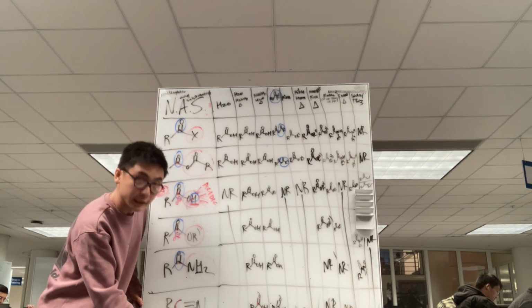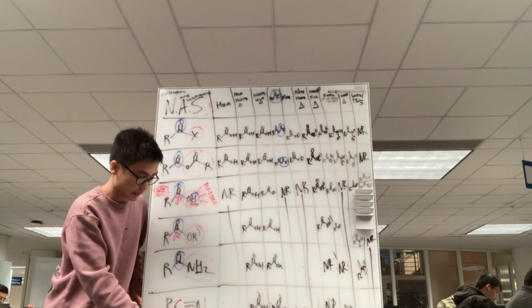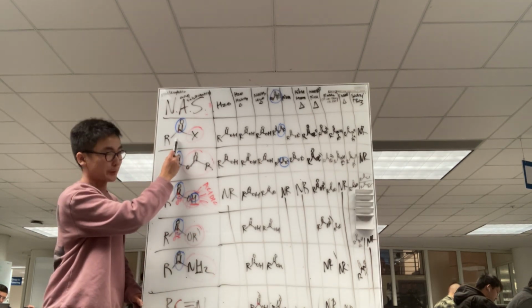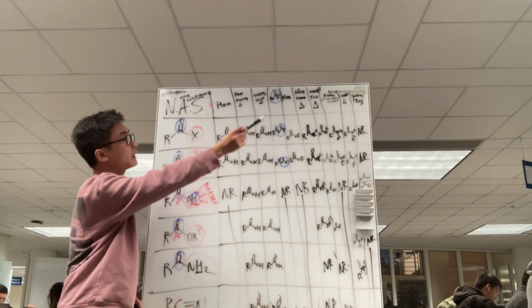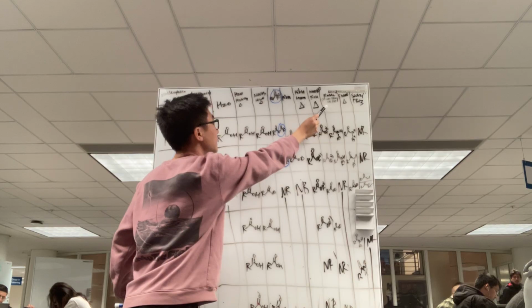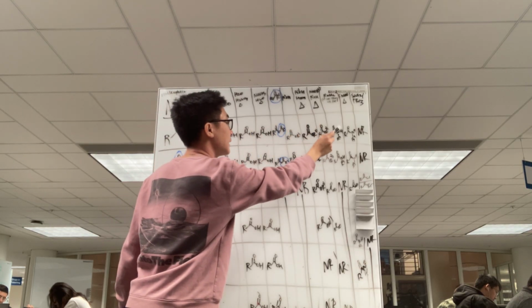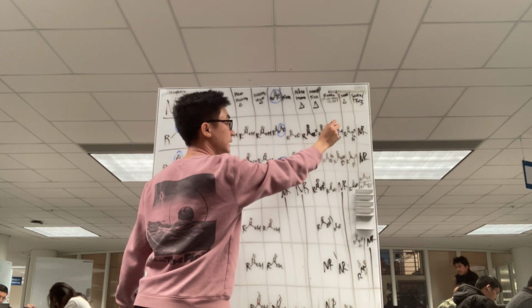So we see in the reactant we have an acyl bromide, which is this right here. On the reagent we have a neutral amine with Et3N, which is this one right here. So we're going to make an amide.